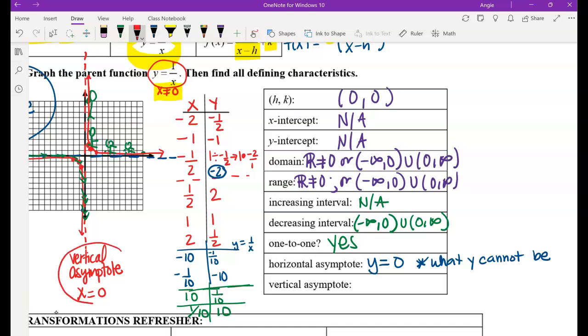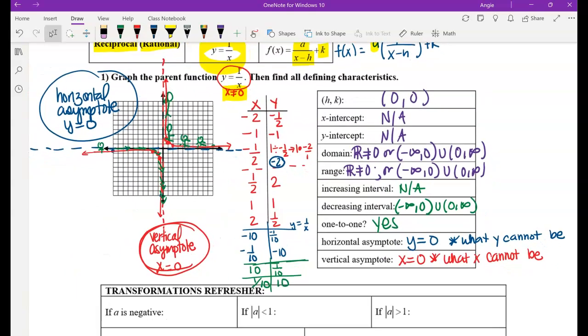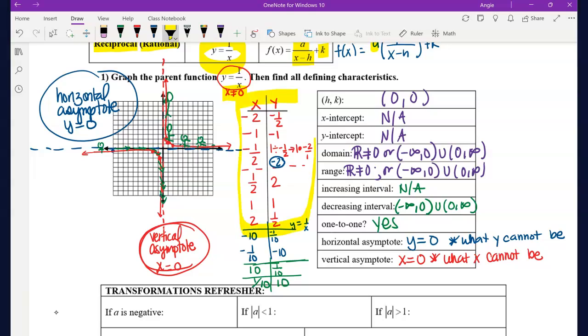A vertical asymptote is down here. It represents what x cannot be. That means we have x equal to 0. And I'll spell it out: what x cannot be. And that's the entire parent function. So the 6 important values for the parent function, students, are these right here.